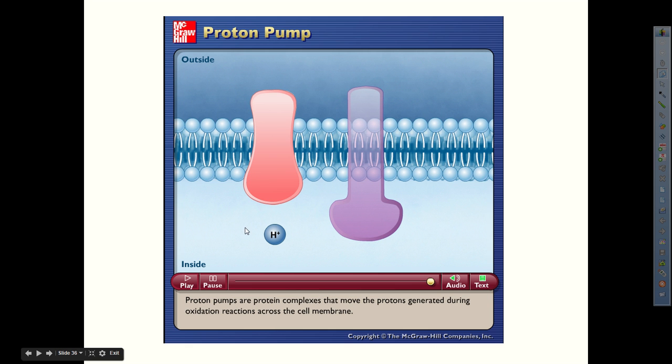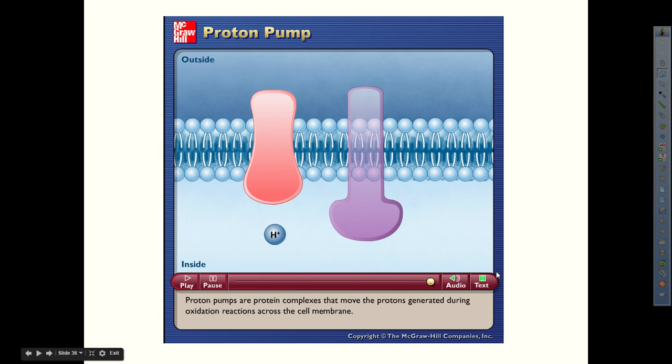And so at the end of everything, we have 2 ATPs from glycolysis with some of those high energy electron carriers. We get 2 ATPs from the Krebs cycle, a lot of electron carriers. And at the end of the electron transport chain, we get a lot more ATP.